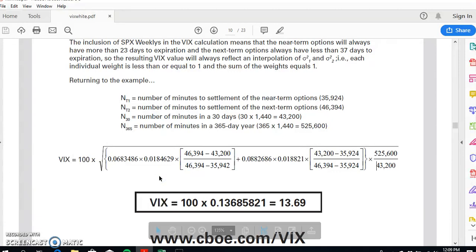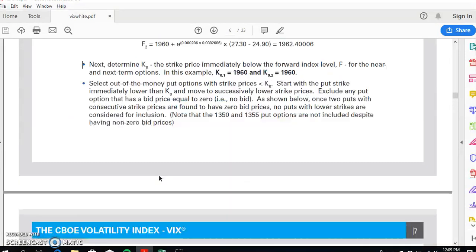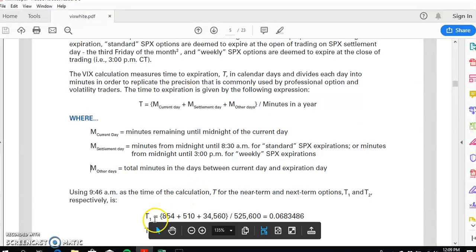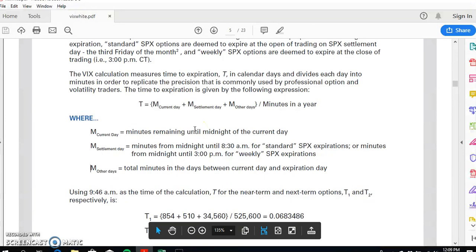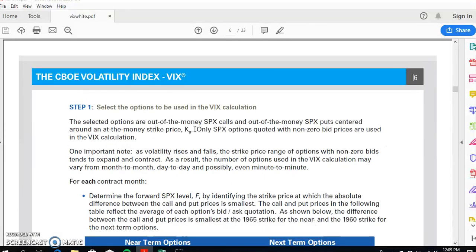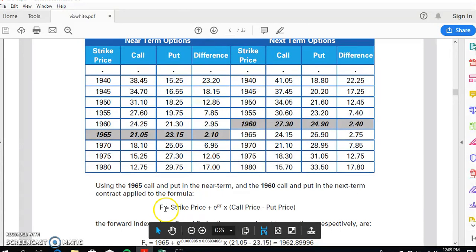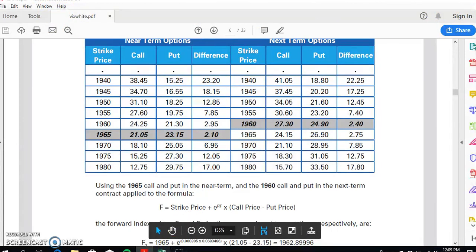Okay, so in the next part of the estimation, if we follow in line with the steps, we've got T1 and T2, and we then have to proceed and estimate F out of the data that's in place. Now, the CBOE did provide the full range of data.